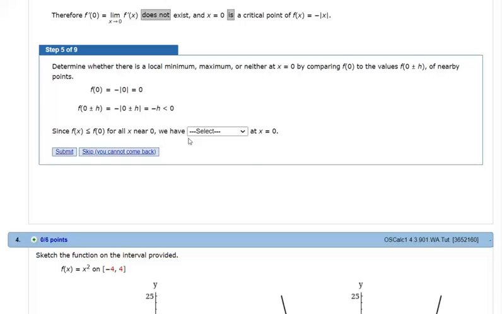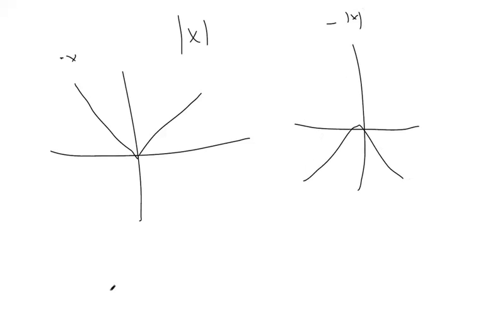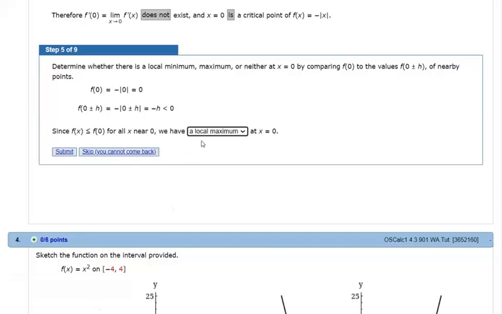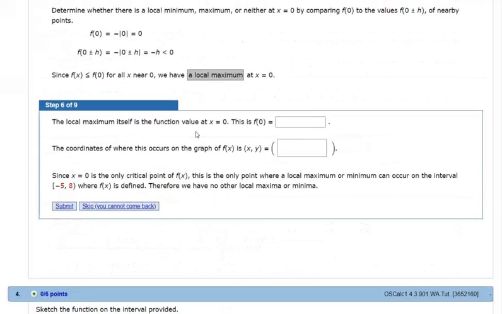Is there a local min or a local max? It's a local max for this, right? Because the graph of the negative of the absolute value looks like this. Local maximum itself is the function value at x equals 0.